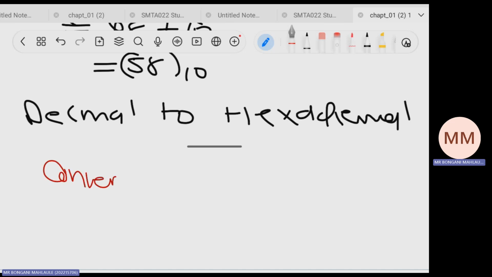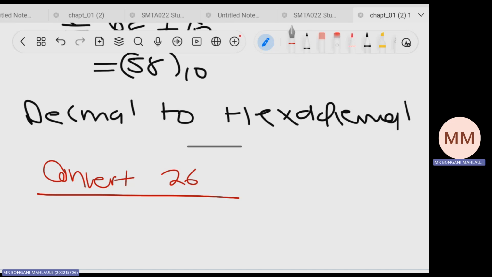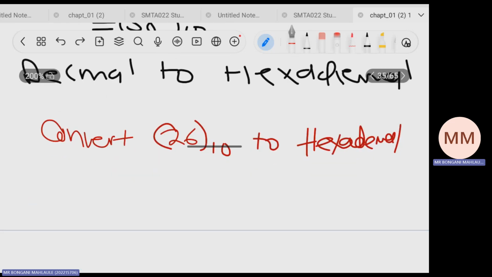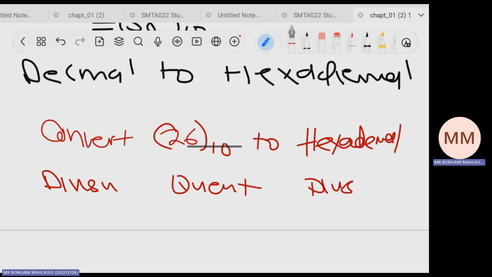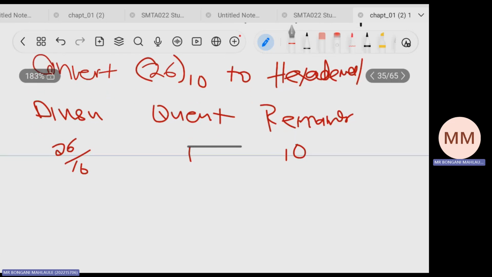Let's say they say convert 26 base 10 to hexadecimal. So you're going to write division, quotient, remainder. 26 divided by 16, you'll get 1 remainder 10.